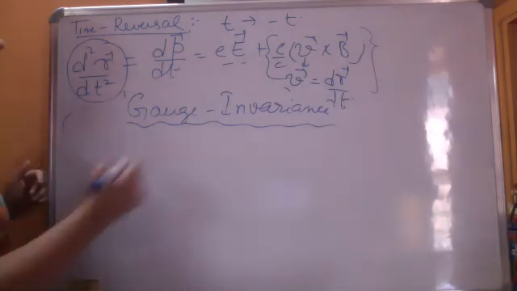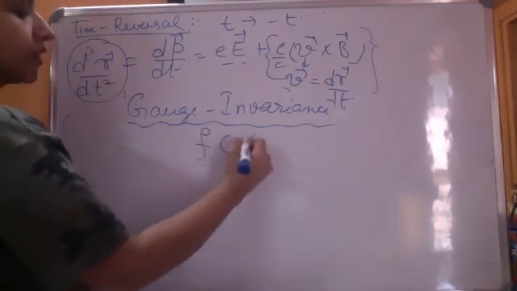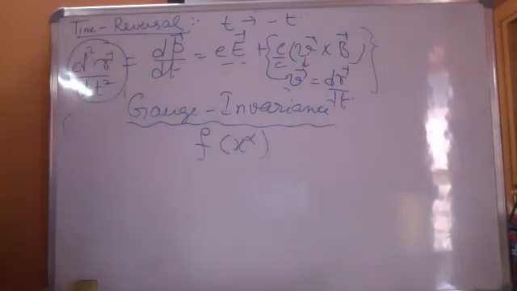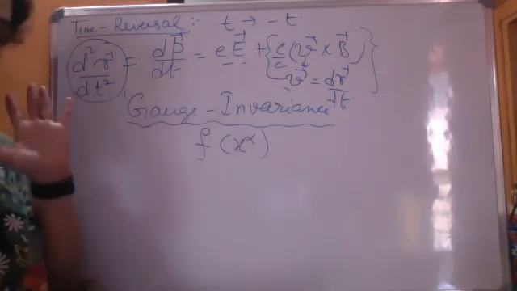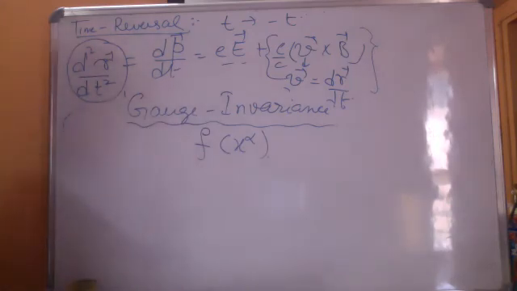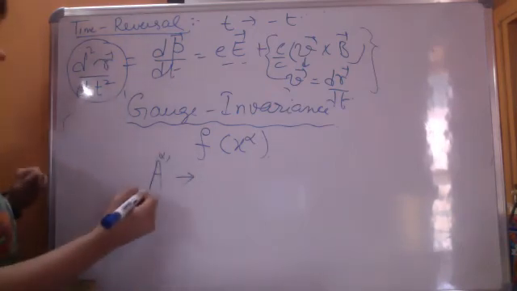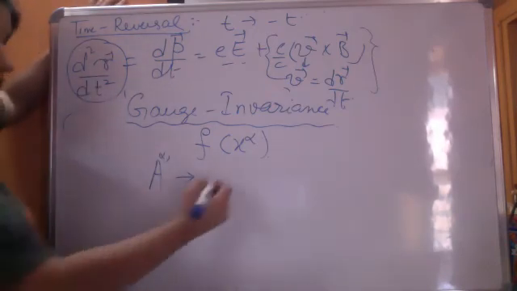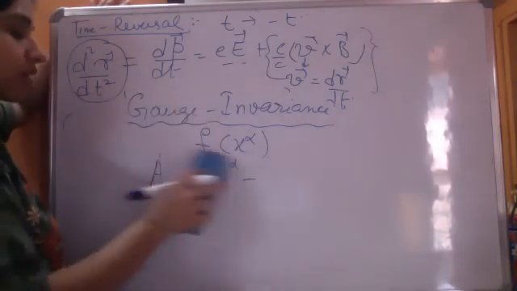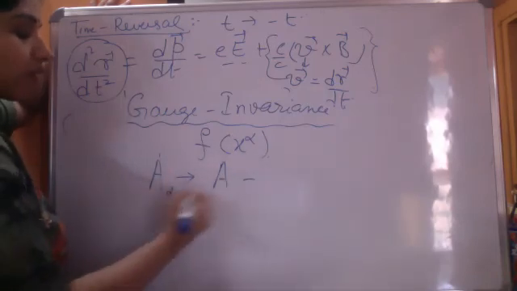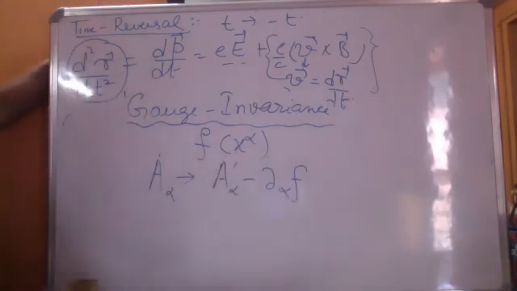So what was really gauge invariance? Let's say I have a function f, which is a function of time and position coordinates. So it's a function of the four vector, let's say x alpha. Then gauge invariance means that this four vector A, covariant, is ambiguous.